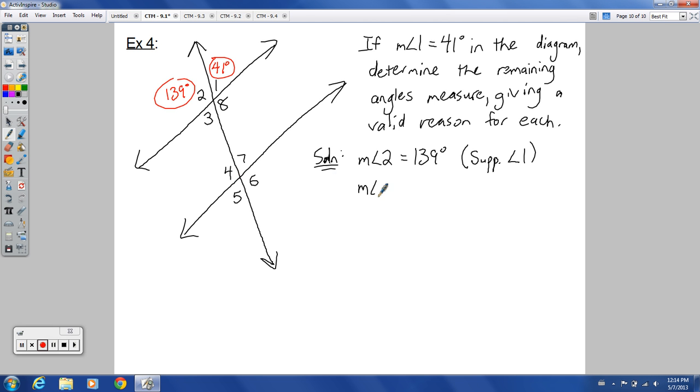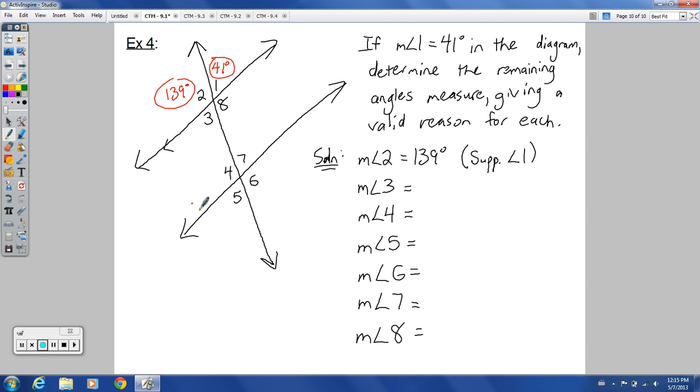How about the measure of, let's just write the rest of them down right here. 2 through 8. What are the rest of them? You think we can figure out all of them just based on having 1 degree measure? Sure can. One thing I forgot to put in the picture that I meant to do, we couldn't actually assume that these are congruent or equivalent in this nature unless we know they're parallel.